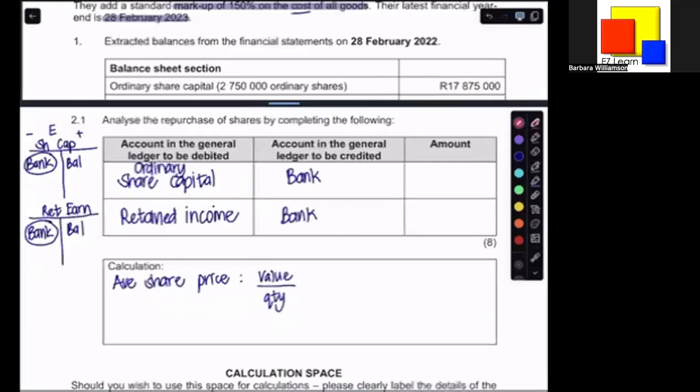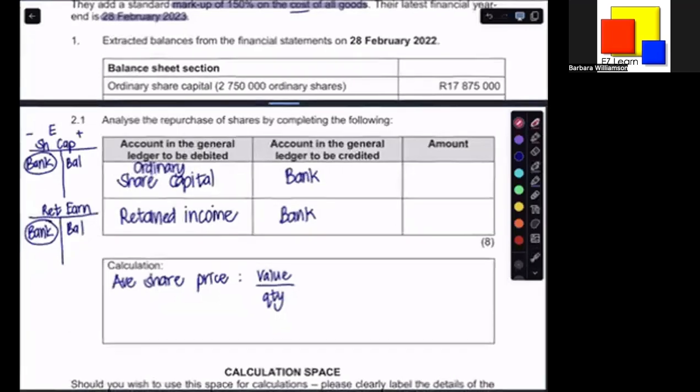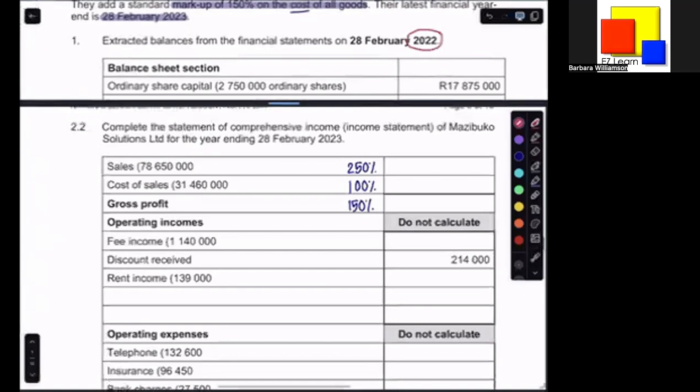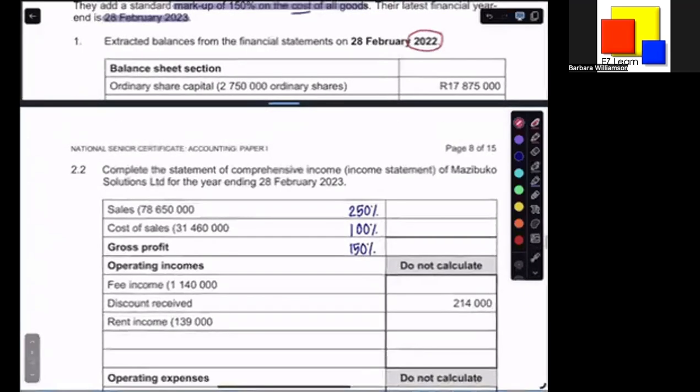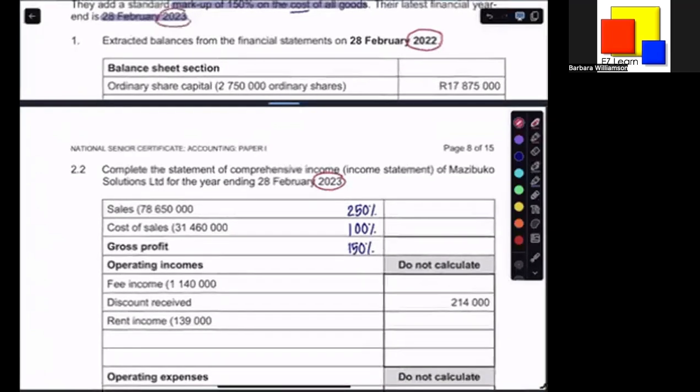They've then given us extracted balances from the financial statements on the 28th of February 2022. Note that we are doing the financial statements for 2023, as you can see over here or over here. So that means that these are beginning of the year figures.